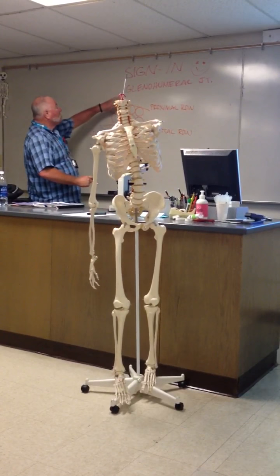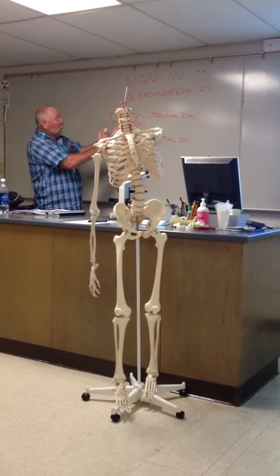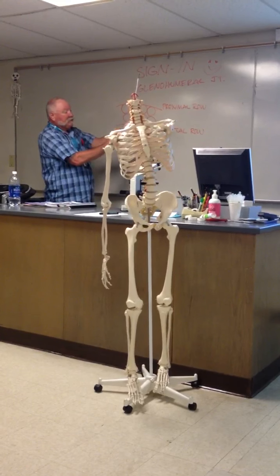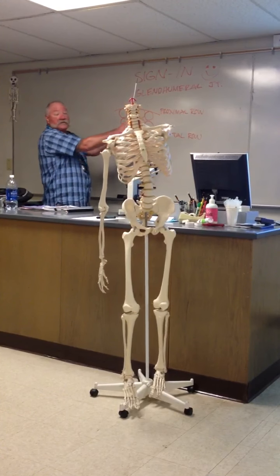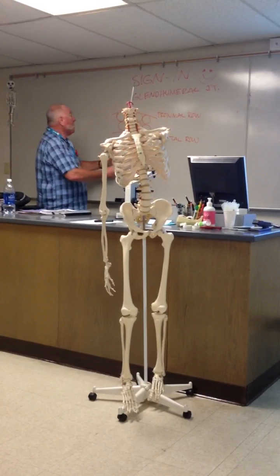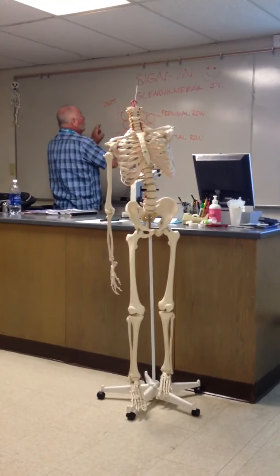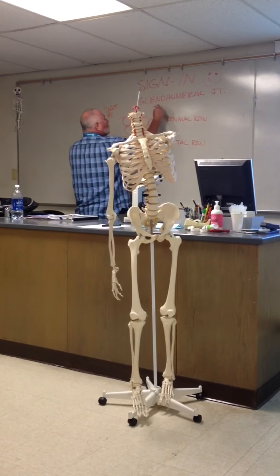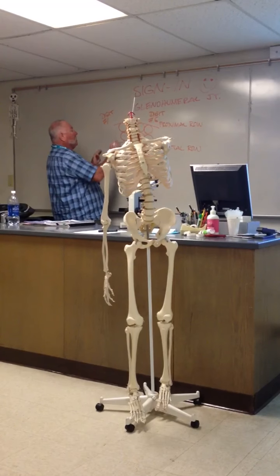So the proximal row is going to be associated with the forearm and the upper portion of the wrist. Then we have a distal row that's deeper towards the fingers. Okay? Always start on the first digit side when you're counting or learning. It keeps you oriented, okay?